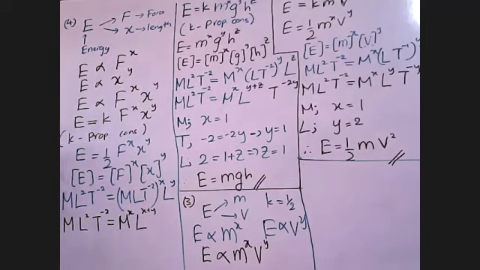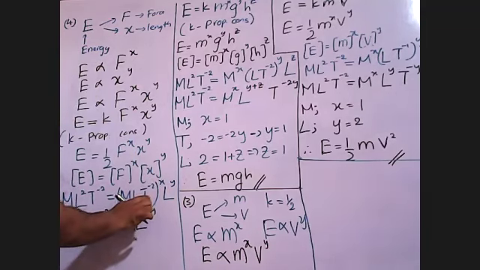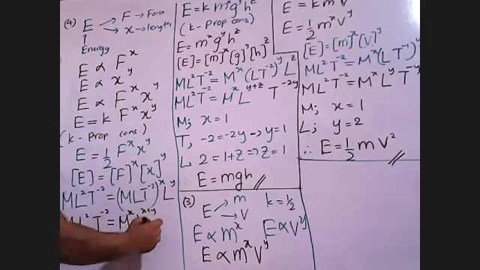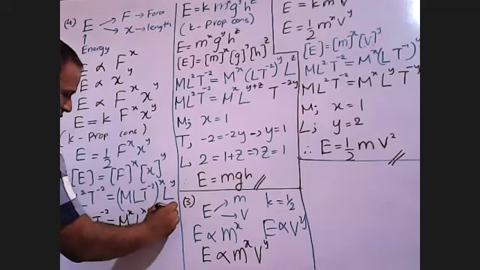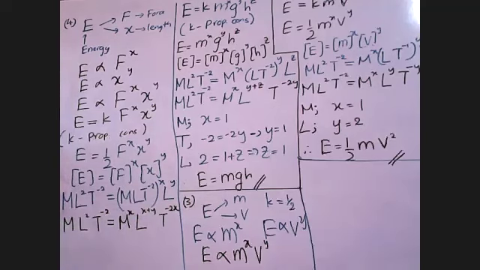Then T to the power minus 2x. Then I can equate to find x and y. If I equate the powers of M, here 1, here x, therefore x is equal to 1.